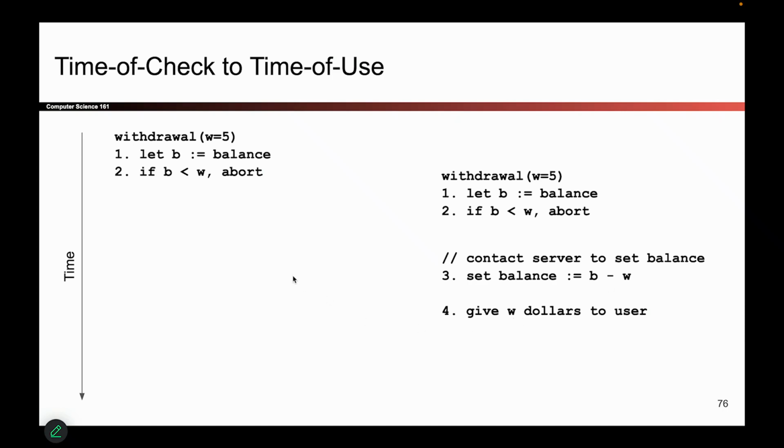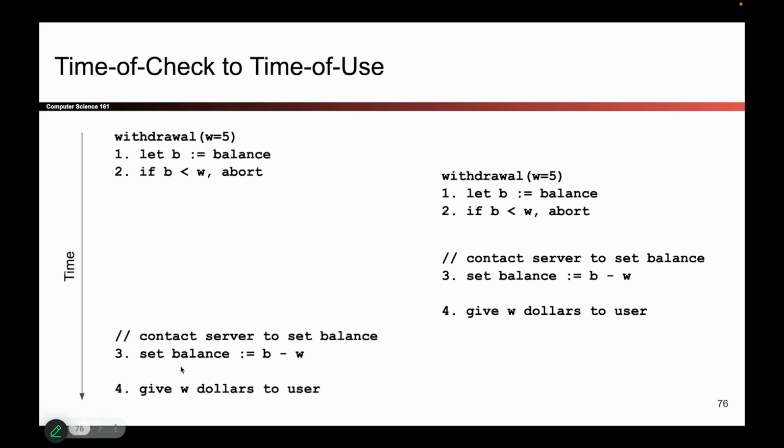Sometime later, the machine on the right continues running. It sets the balance to 0, and it also spits out $5. So here's a case where I only had $5, but by hitting the withdraw buttons at very specific times, I was able to withdraw $10. It's kind of dangerous. So what actually happened here?